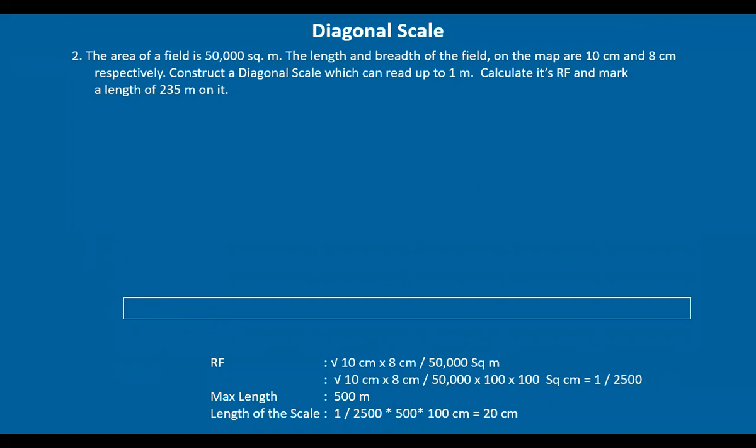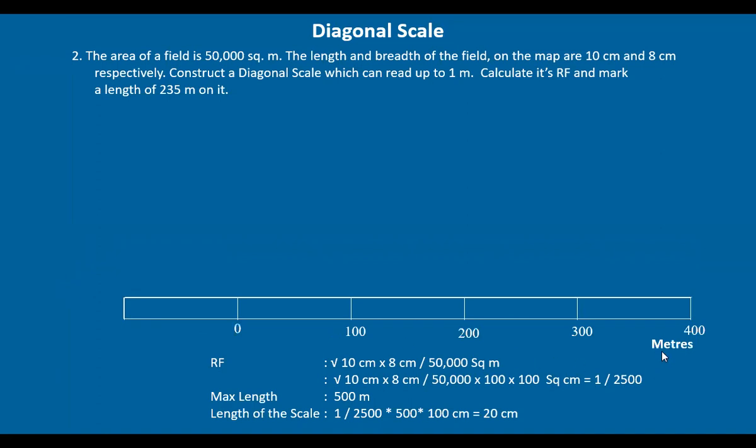Again here, you have to take the decision. We cannot make 500 meters into 500 parts, and even 50 also is not feasible, right? It becomes very cumbersome. So we divide this into 5 parts, so that each division now represents 100 meters.